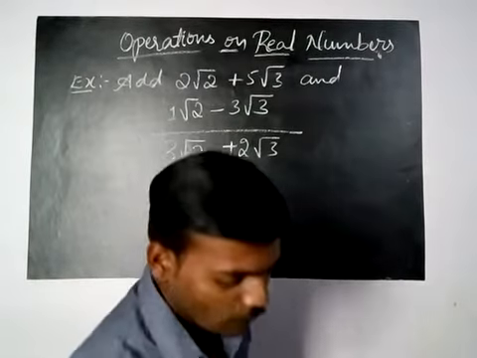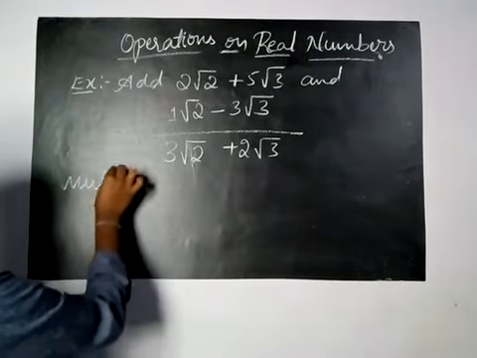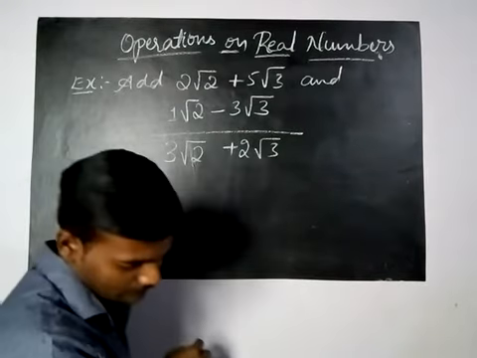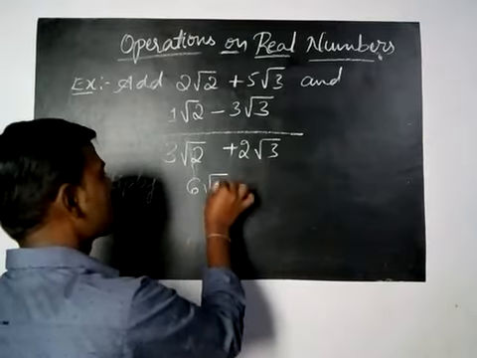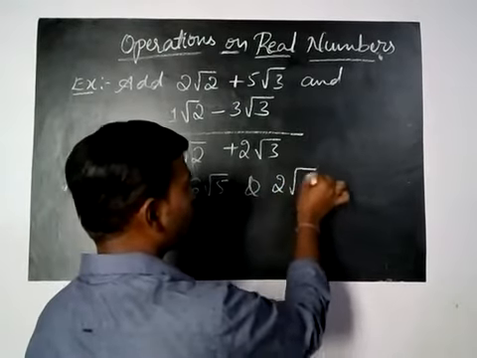Let me take one more example. Multiply 6 root 5 and 2 root 5.